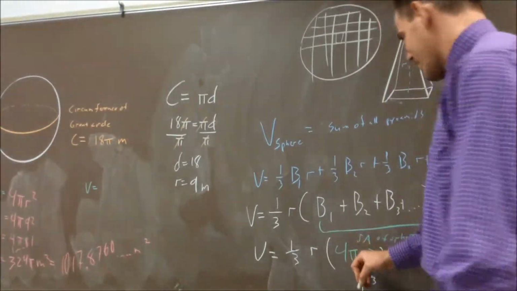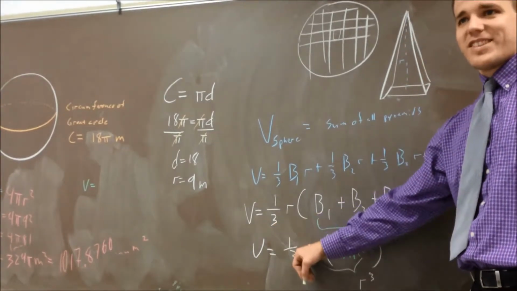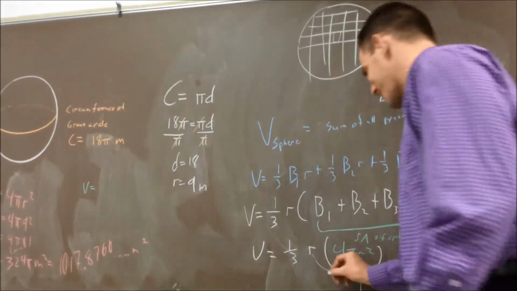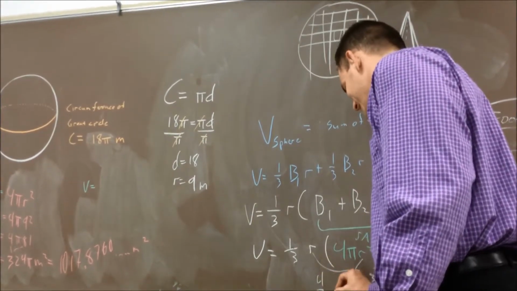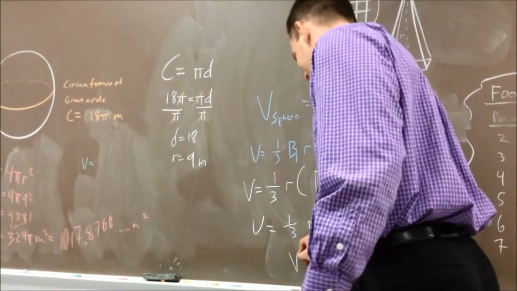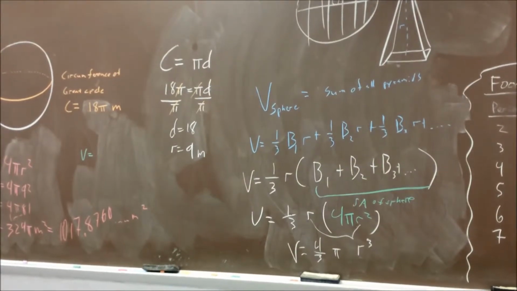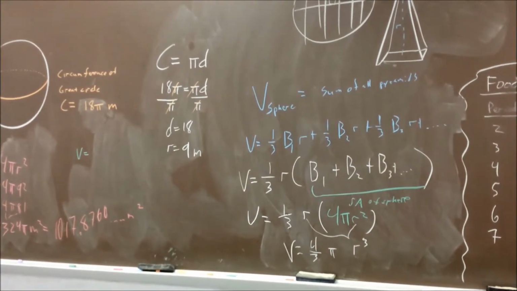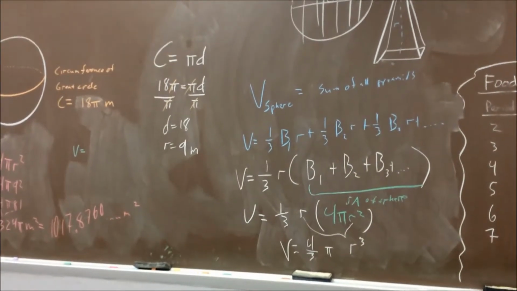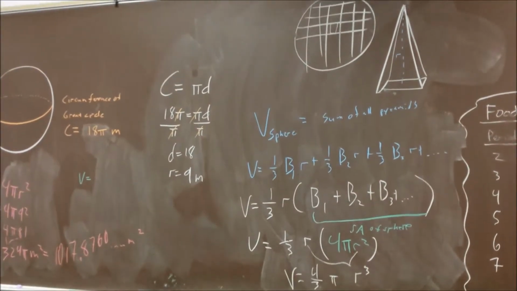R times r squared is r cubed. 4 times 1/3 is 4/3. For those of you who didn't pass middle school. 4/3 pi r cubed. Wait a second. That's how they got this. Pretty nifty, huh? This fam's looking at me like, what?